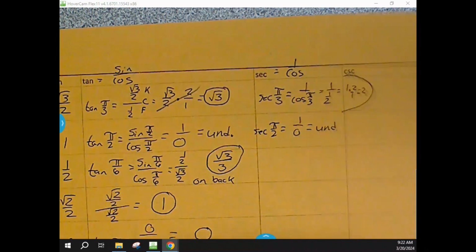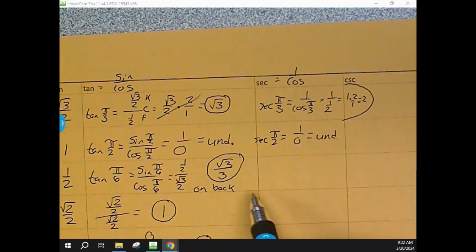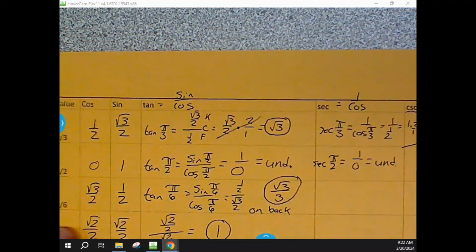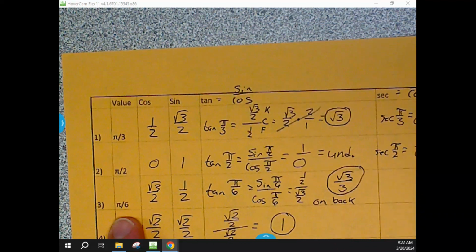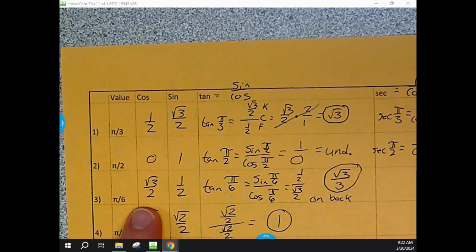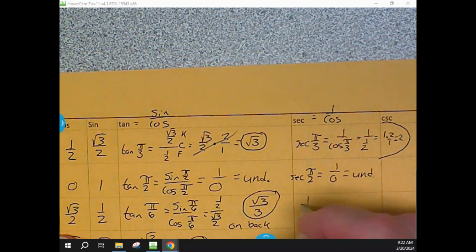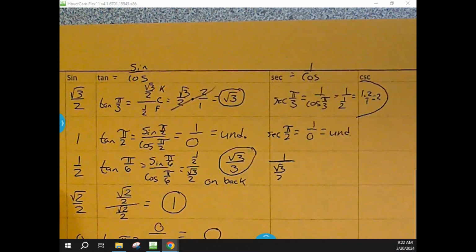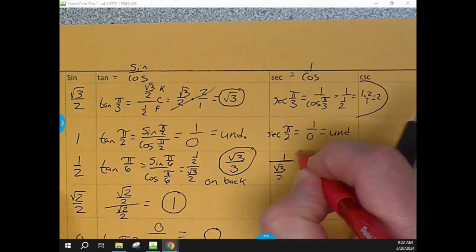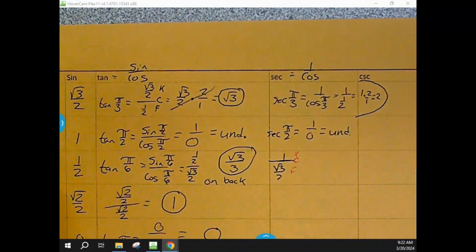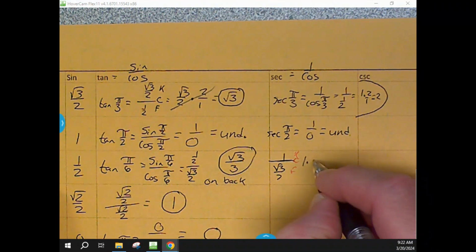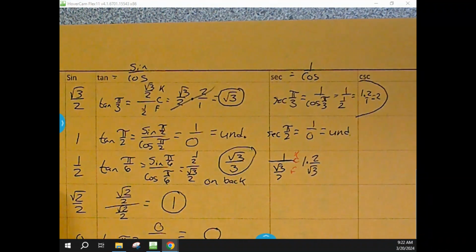Okay. Now here's where we're going to not write down as much because we need a little bit more room with this one. So for the next part, if we do the secant of pi over 6, we need 1 over the cosine value, which is square root of 3 over 2. So that's 1 over square root of 3 over 2. Okay, so if we keep it, change it, and flip it, that's 1 times 2 over the square root of 3.